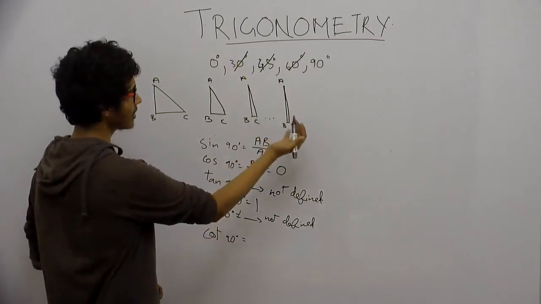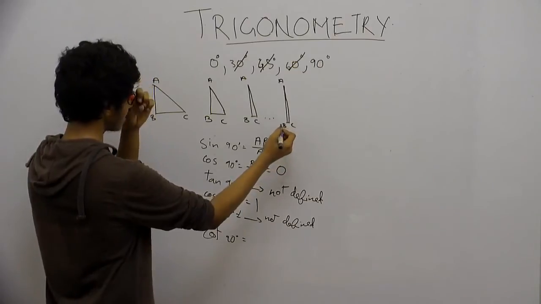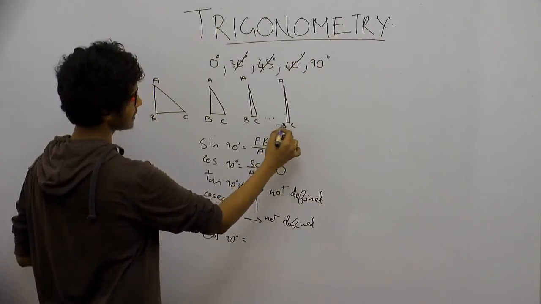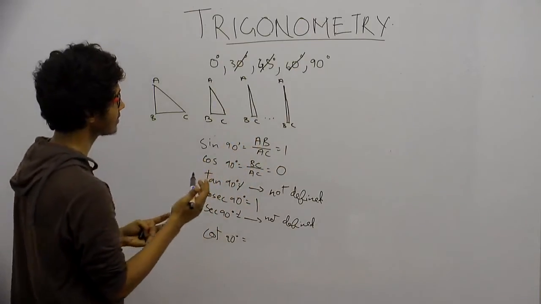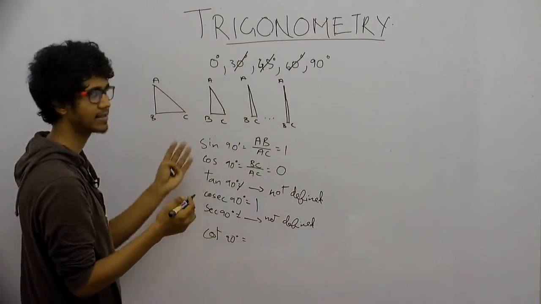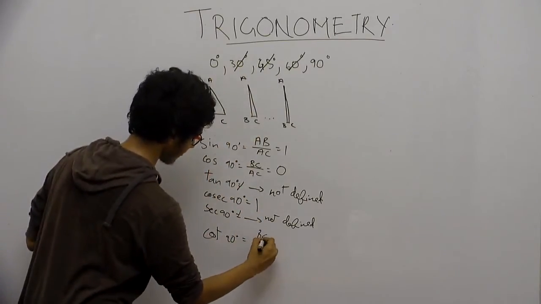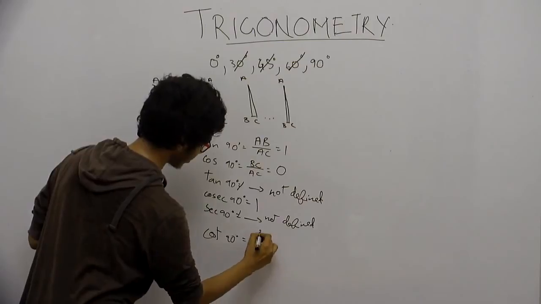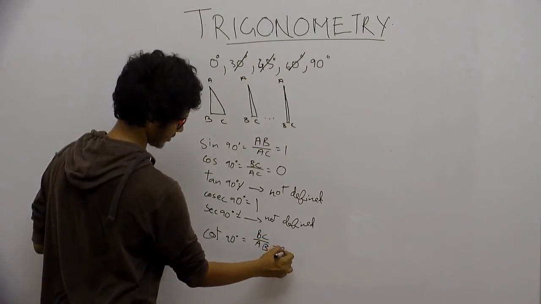We will see from here, for cot 90 degree, angle C is almost 90 degree. So cot will be BC by AB, because cot is side adjacent by side opposite. So BC by AB, and since BC is almost 0 but AB has some specific length, this will be 0.